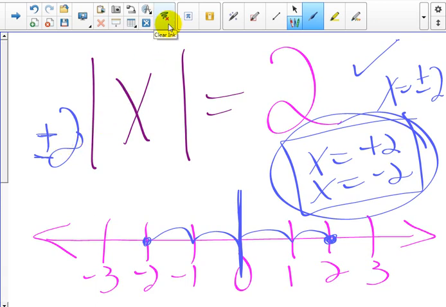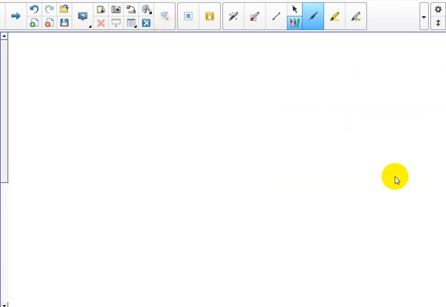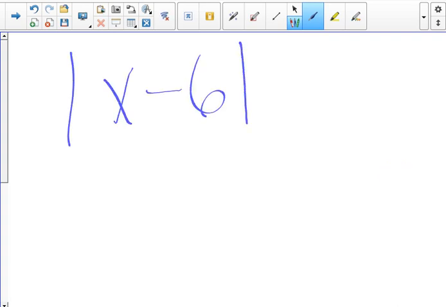All right, now what happens when we get more than one thing in our absolute value symbol? Whoa. Okay. Well, that's now something that we've got to work with, and you did this in Algebra 1, you might remember.